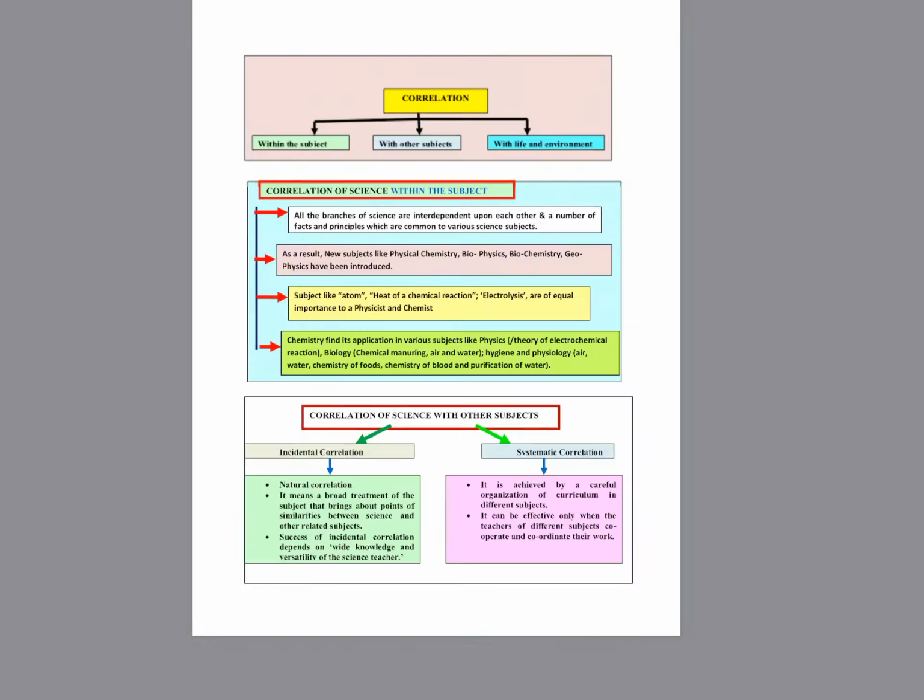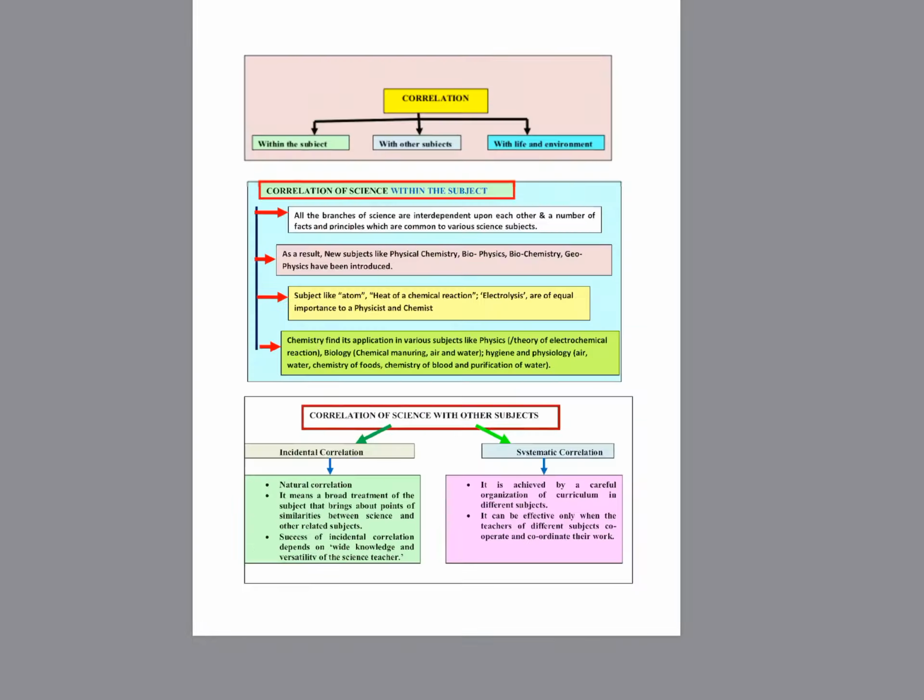A chemistry teacher, while teaching about oxygen, says about hemoglobin. Hemoglobin is a carrier of oxygen. And the people who climb mountains carry the oxygen cylinder. So what may be the reason here?